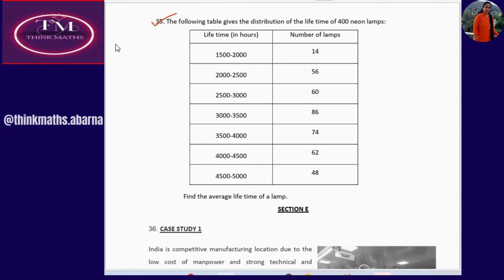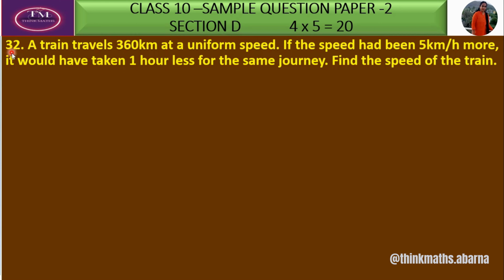Okay children. Section D starts from the 32nd question. A train travels 360 km at a uniform speed. If the speed had been 5 km per hour more, it would have taken 1 hour less for the same journey. Find the speed of the train. You have internal choice in this question; the choice is on the next page. First, what is given?